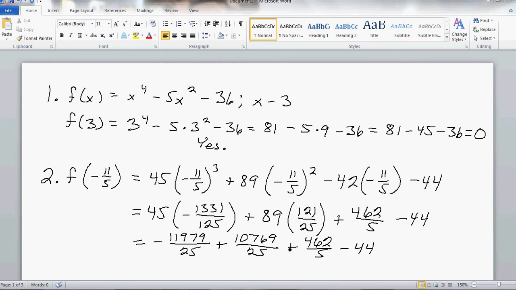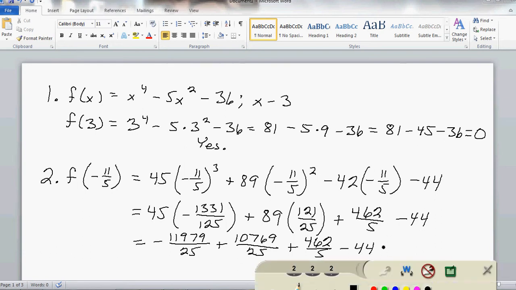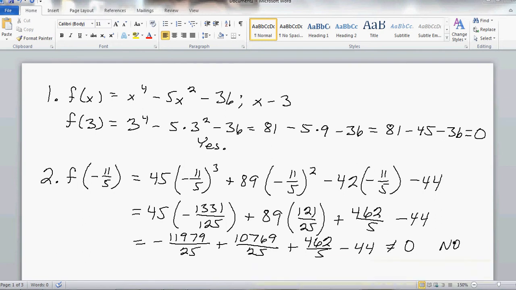And basically, once we punch all this in or determine this, this does not equal 0. And therefore, no, it is not a factor.